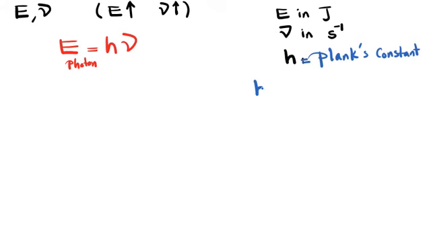I'm going to write h here: 6.626 times 10 to the negative 34, and the unit for h must be joule times second, because we are going to cancel out the second to keep the joule.